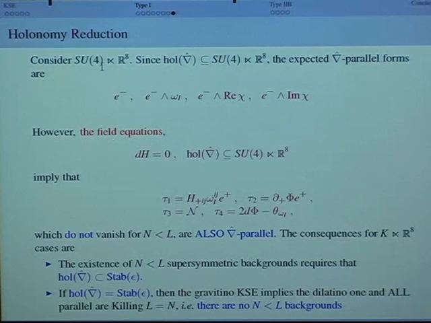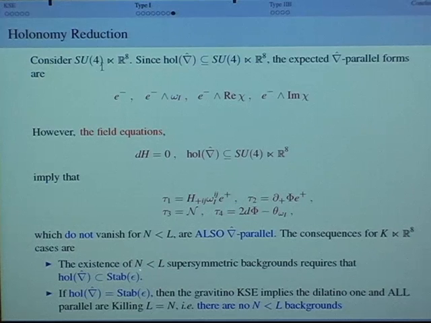Now, however, if one assumes the field equations, the closure of H, and this assumption over there, then one can see, using the various Bianchi identities, that one has even more parallel forms on the manifold. These parallel forms do not vanish for the cases where the number of Killing spinors is less than the number of parallel forms. So there are two possibilities.